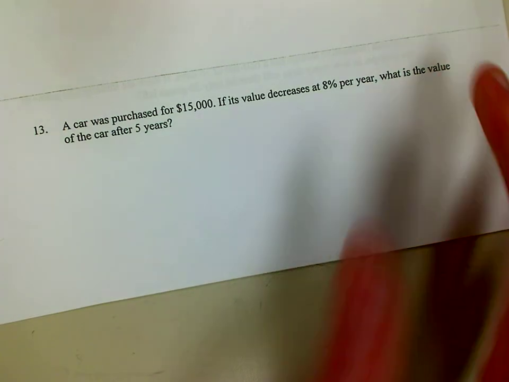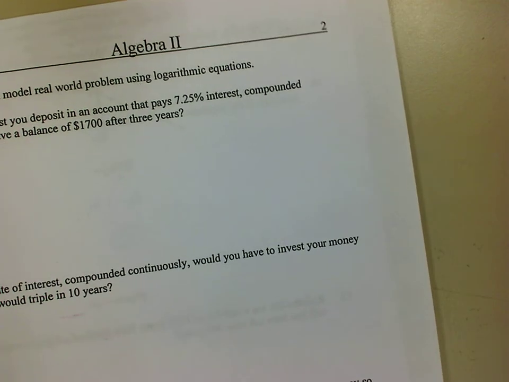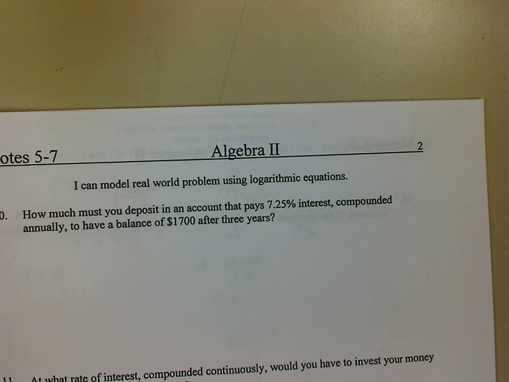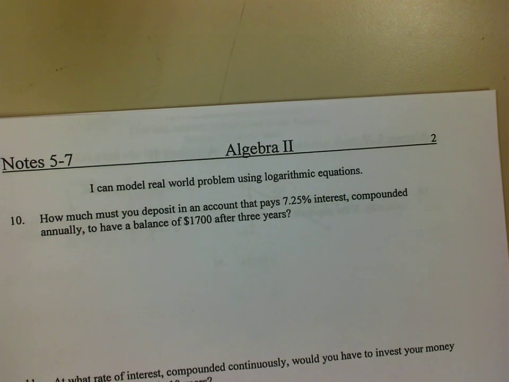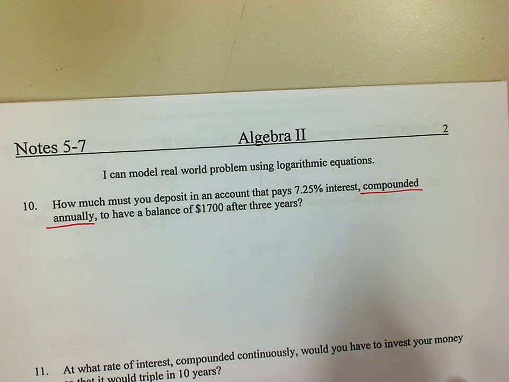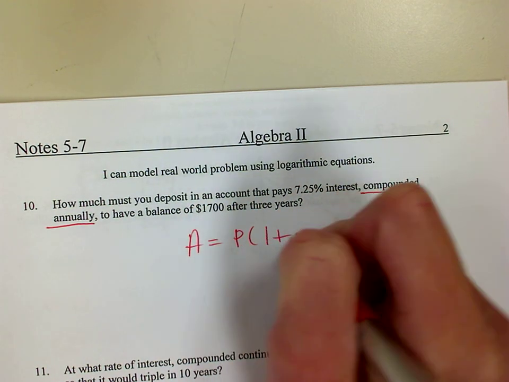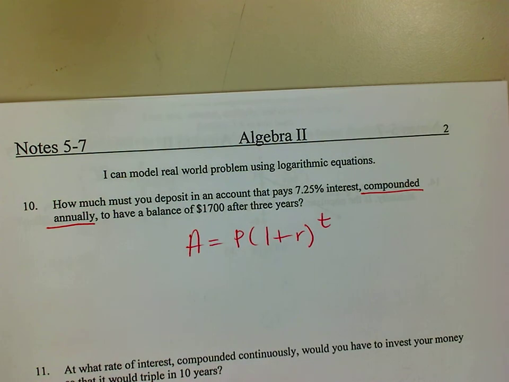Okay, moving on. Okay, let's see if I can skip some of these. I think they're all different, so I don't think I can. Okay, so we are going to do, this one says compounded annually. So I'm going to use the first equation, which was this one.